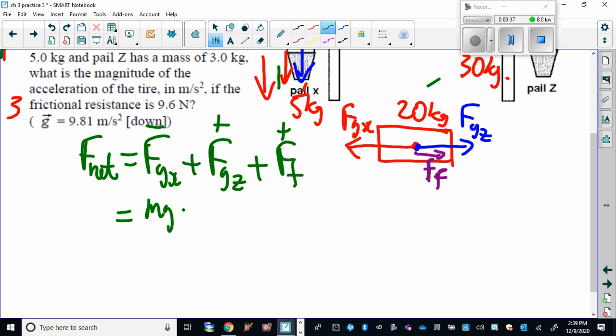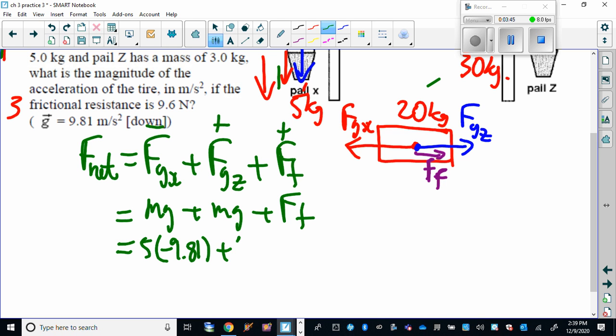It's just mg plus Ff. This is going to be 5 times negative 9.81 plus 3 times positive 9.81.